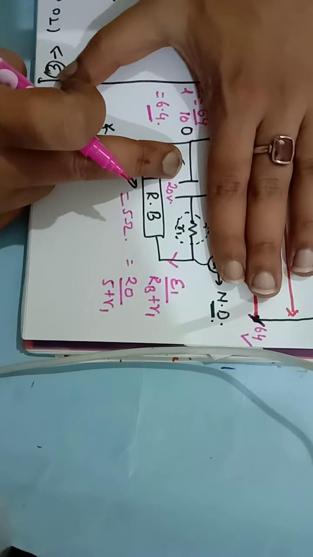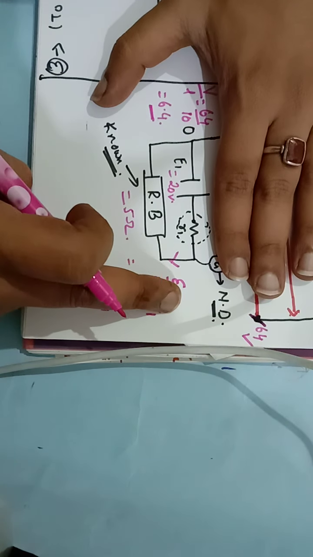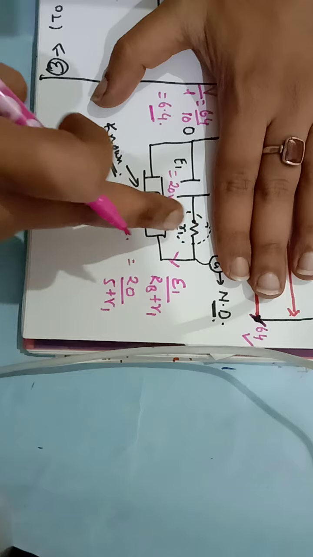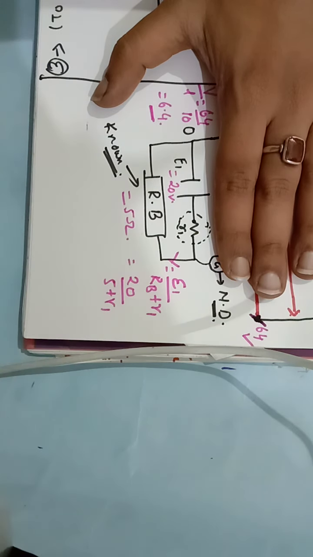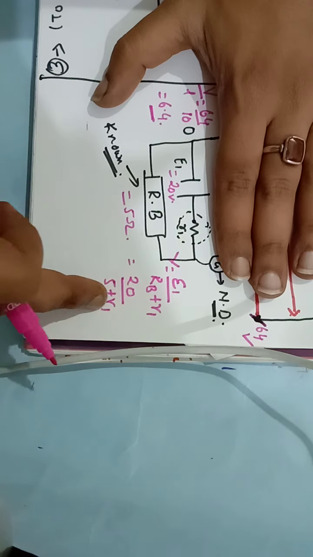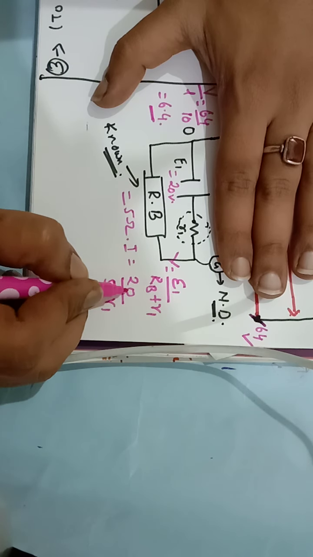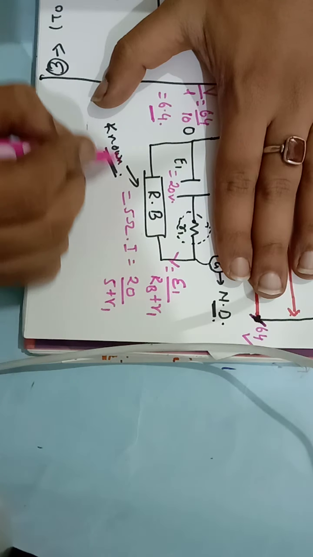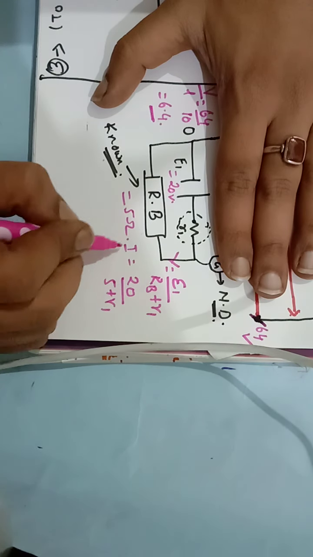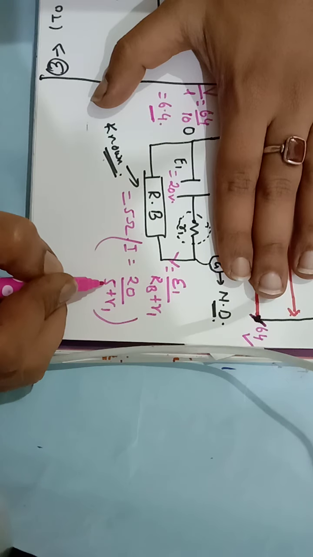E1 divided by the total resistance R1 plus RB will be the current over here. RB we know, it is a known resistance, and we have assumed it is 5, right?